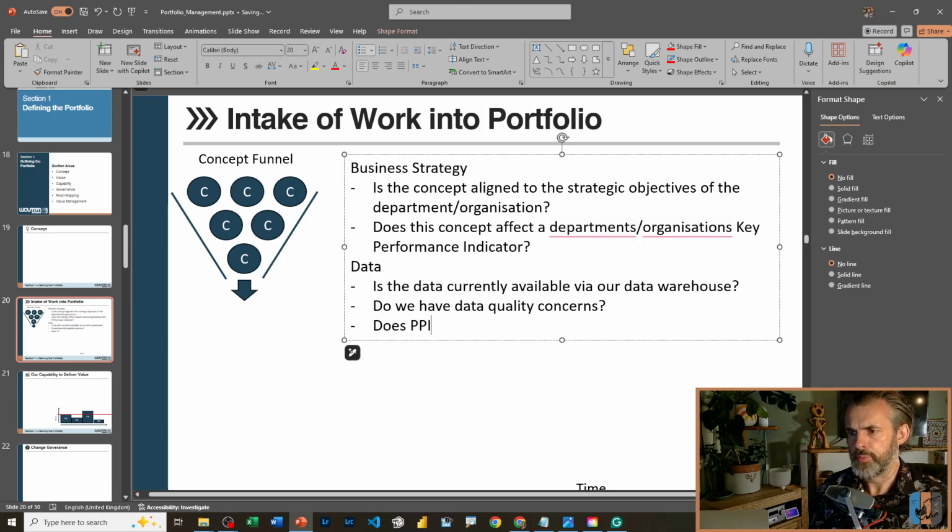What does PPI stand for? Data protection. What does PPI stand for? Payment protection insurance. Oh, that's not what I'm asking for. What does PPI stand for in the context of GDPR?